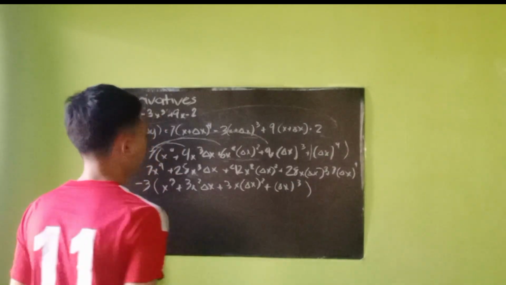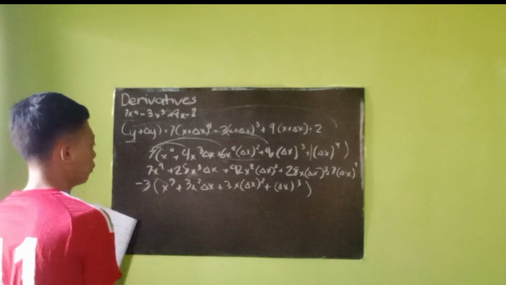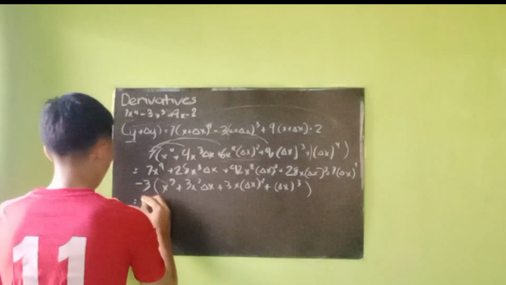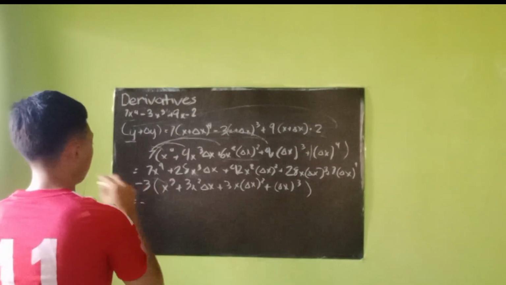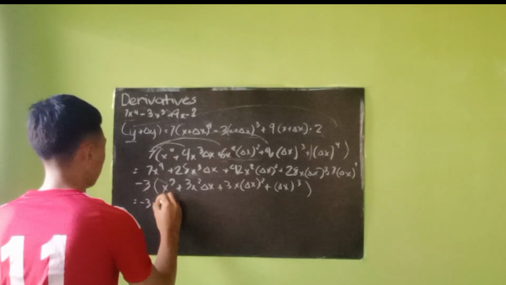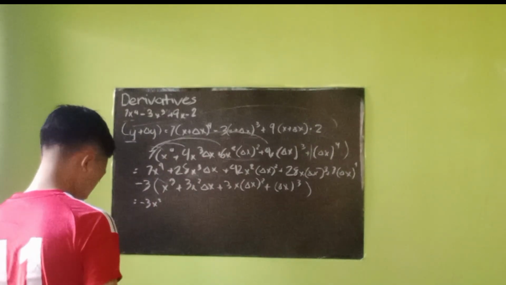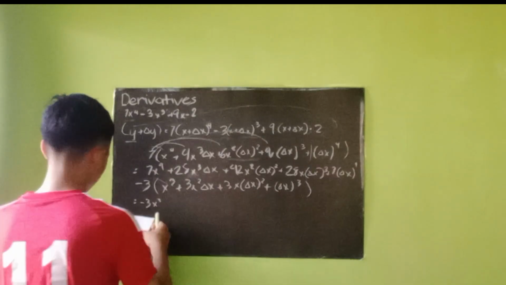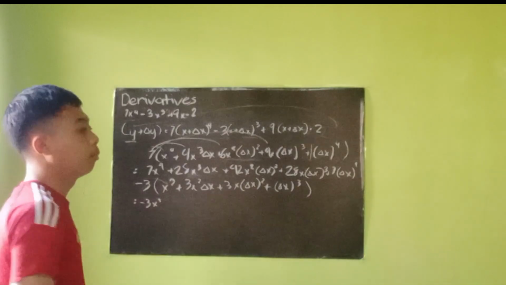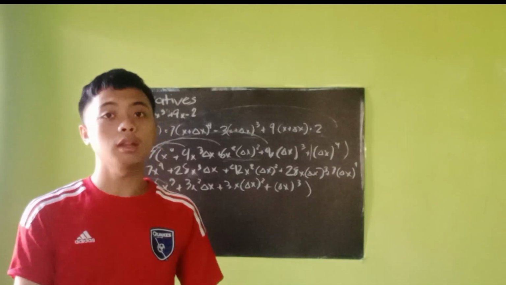And then as I said earlier, you now have to distribute that individually, same as last. So negative 3 times the x cubed would be negative 3x cubed. And when multiplying integers, you must remember that if they have opposite signs, the result is negative.